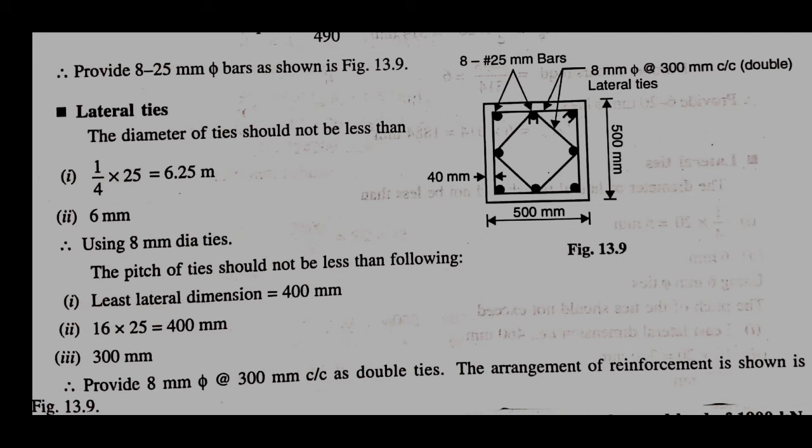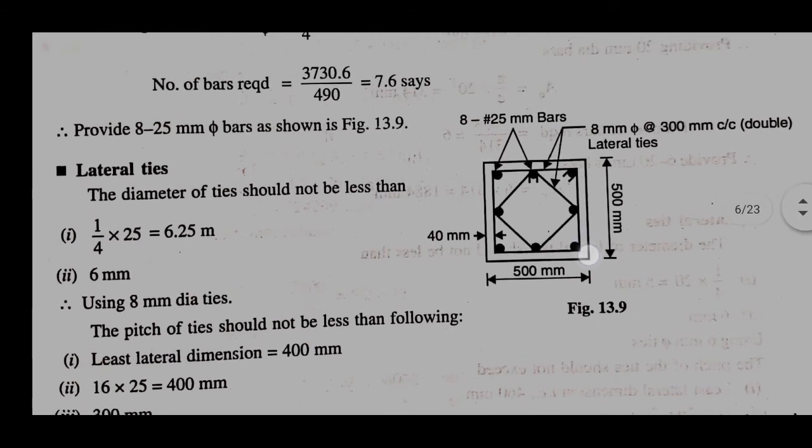Therefore provide 8 mm dia bars at the rate of 300 mm center to center as double ties. The arrangement of reinforcement is shown in the figure. Let's check out the figure. Look, there are a total of 8 bars and there are 2 lateral ties given. So dimensions are given here.